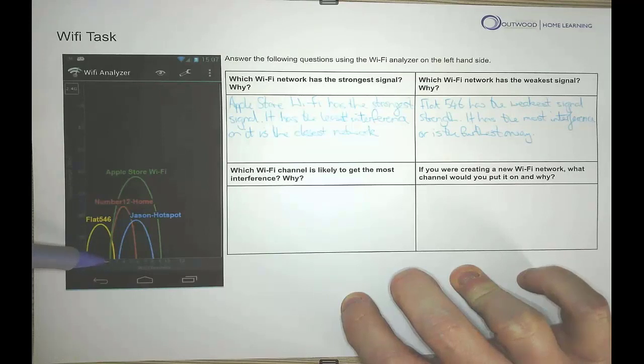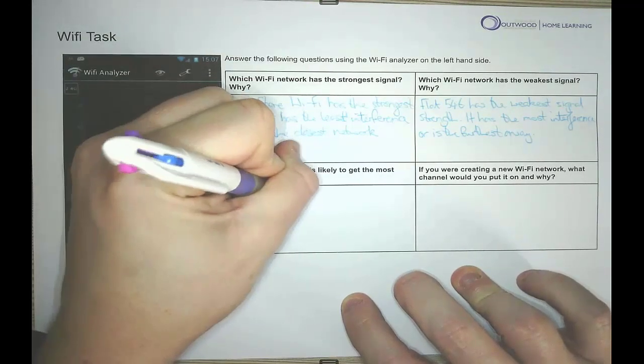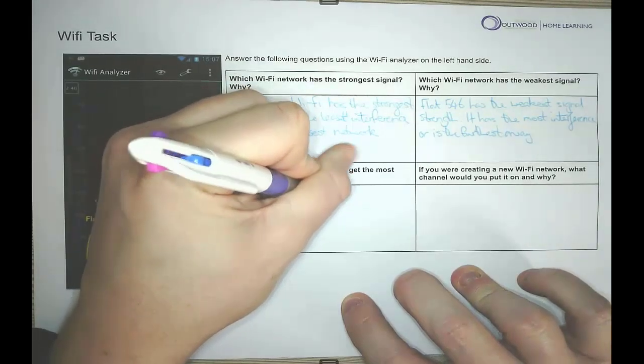Channel 2, you've got the yellow and the green. Channel 3, you've got the green and the yellow and the red. But more than likely, they're on the edge of the range. So more than likely here, you're probably looking at channel 5, although it could be argued otherwise. So channel 5 is likely to have the most interference.